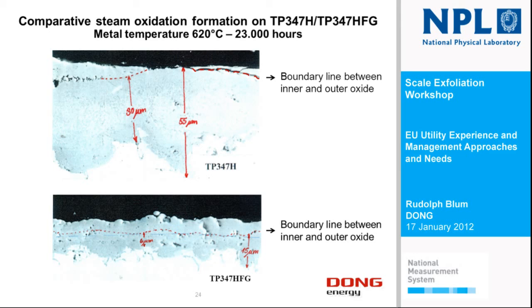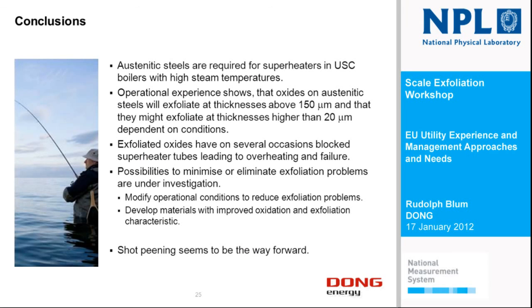This is the kind of information you get from such a test rig, and I could give another speech or paper about that. So when I come to the conclusion, I think we have to accept that austenitic materials are required for superheaters in USC boilers. But we have to accept that we have exfoliation problems, and we should use materials which don't develop too much exfoliating material.